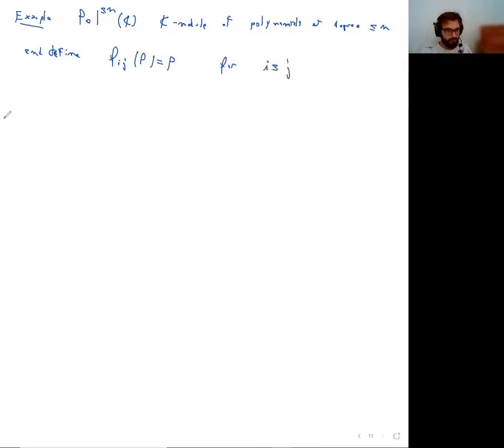Then the direct limit, here it's simply the set of all polynomials. So the limit is in n.